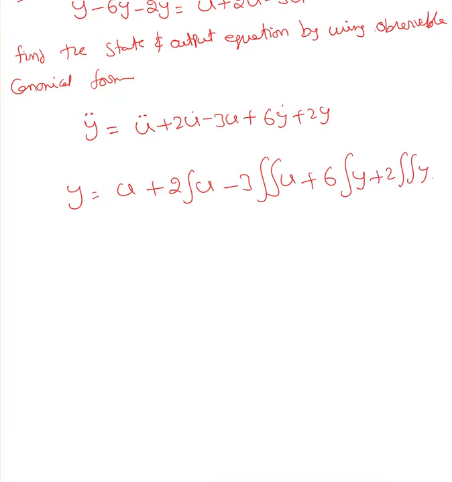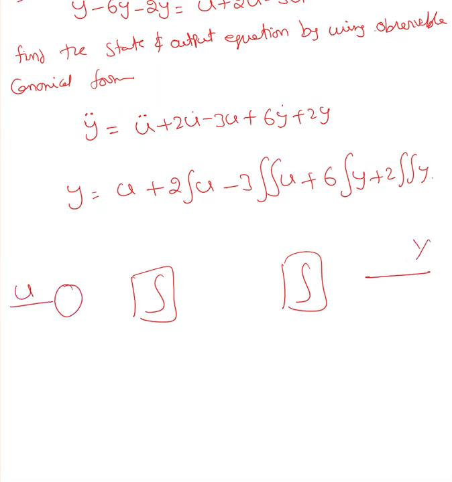Okay, now I'm going to draw the simulation diagram. Since there are two integrals, draw the two integrals. Here is my y, here is my u. To get y equal to u, there is a direct relation right there. So y is directly proportional to u, so here is my u. Plus 2 integral of u: u is passing through one integral, but multiplied by constant 2.